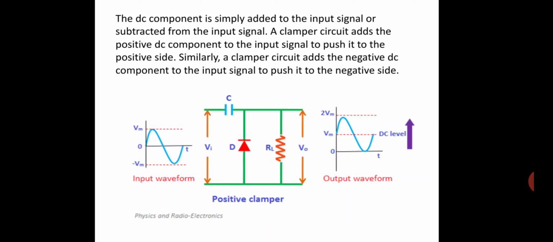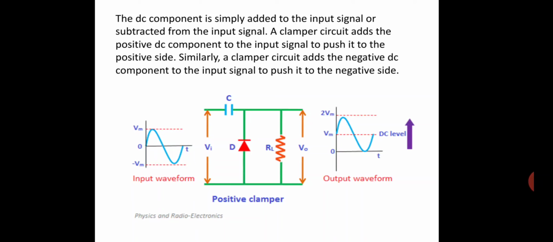Now the positive cycle comes after the negative cycle. In the positive cycle the diode is reverse biased and works as an open circuit, and the capacitor releases its charge. The capacitor charge is Vm and the input is Vm, both are added and twice Vm appears across RL.